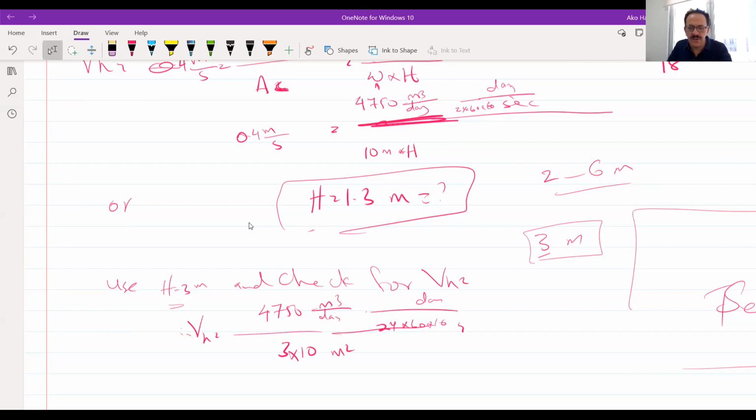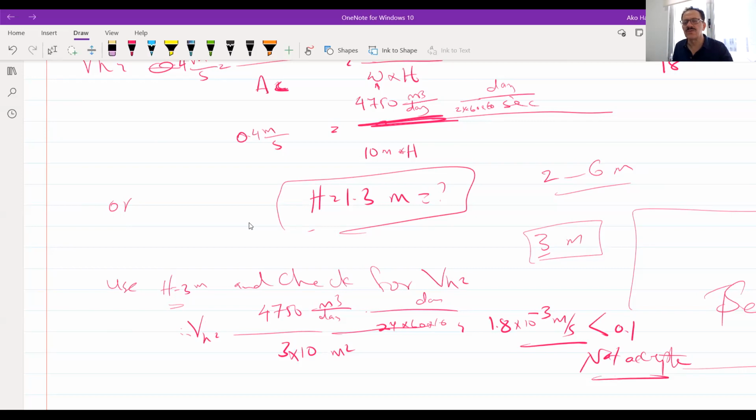So what will be here? The value of V horizontal is 4,750 divided by 24 divided by 3,600 divided by 30. So the horizontal velocity will be 1.8 times 10 to the power minus 3 meter per second, which is very less than 0.1, not accepted.